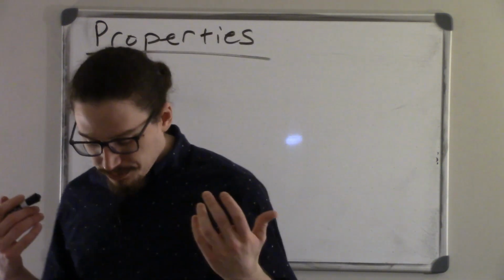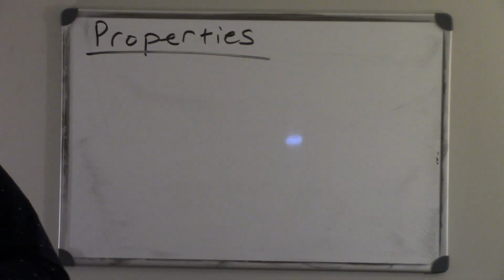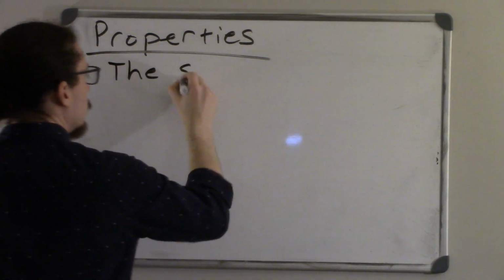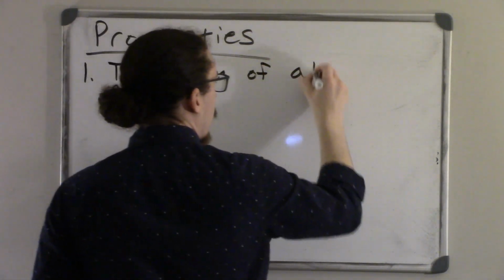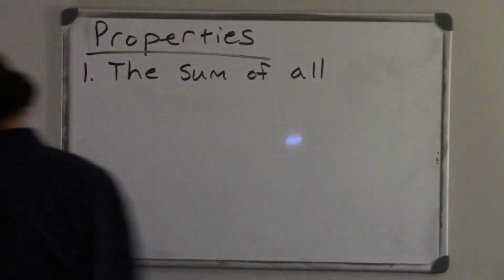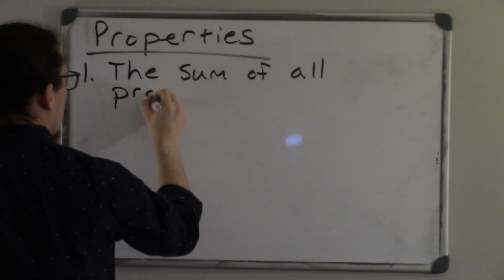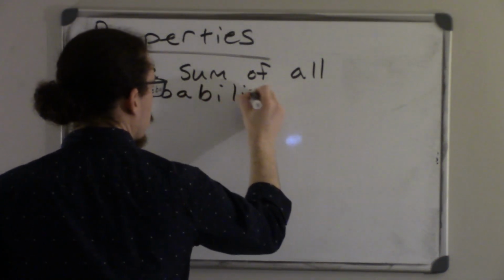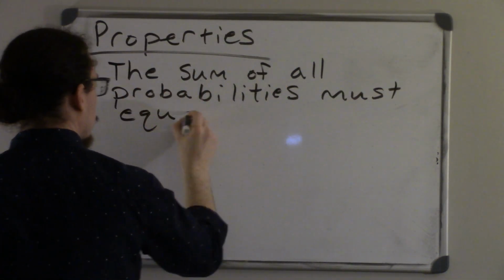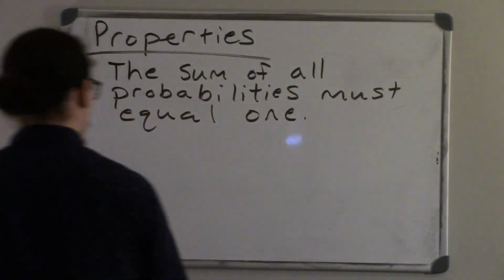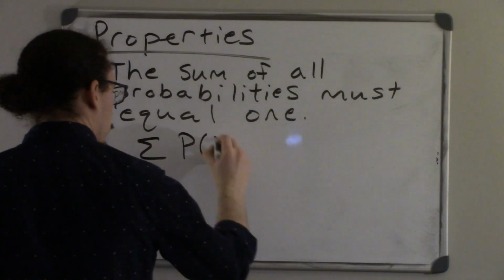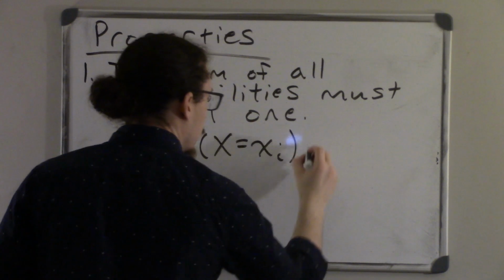But the first one is that the sum of all probabilities must equal 1. We could also write this out as the sum of P(X = xi) equals 1.